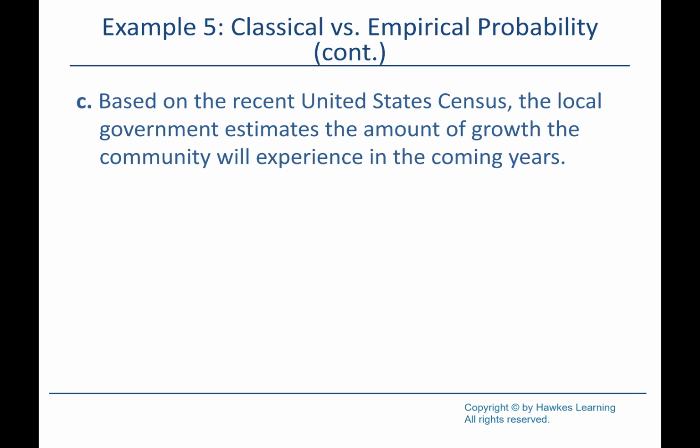So if they actually got data from everybody, then you may be able to call this one classical. But in practice, in reality, you don't actually get everybody. You try to get everybody, but you always miss some people. So this one would really be empirical. So it's kind of a gray area there.